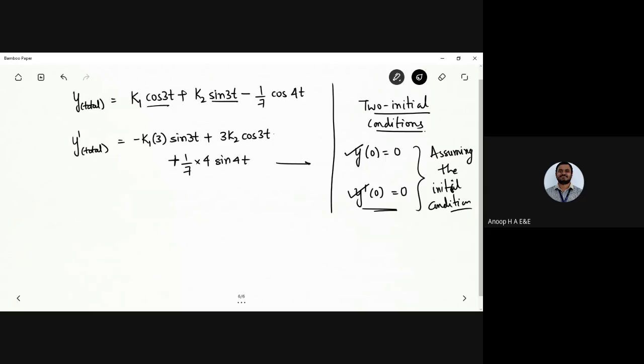Is it clear? So this is the differentiated y total. The first equation was the total response, and the differentiated total response is written down.